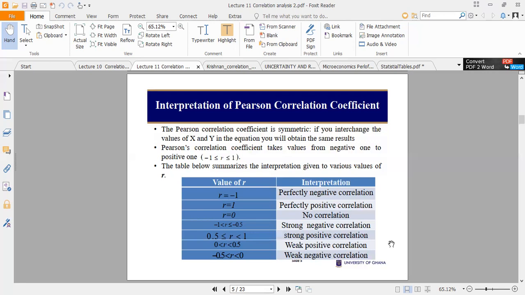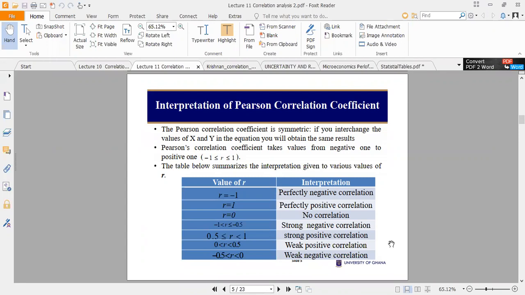If you find the correlation coefficient and it's exactly -1, that's a perfectly negative correlation. If it's exactly +1, that's a perfectly positive correlation. A coefficient of 0 means there's no correlation, so there's no relationship between the two at all.